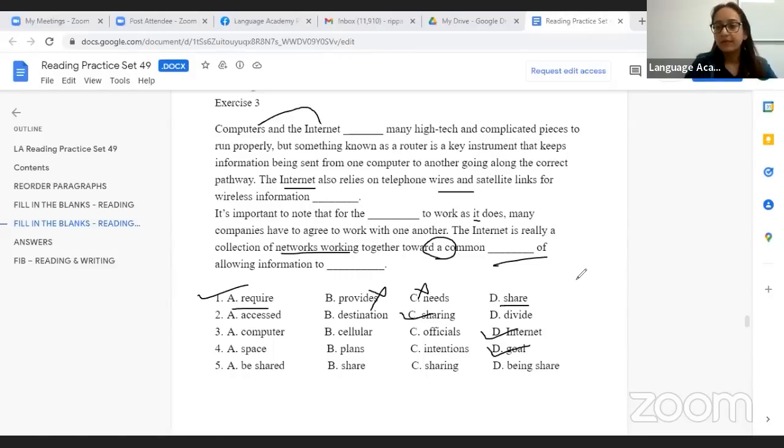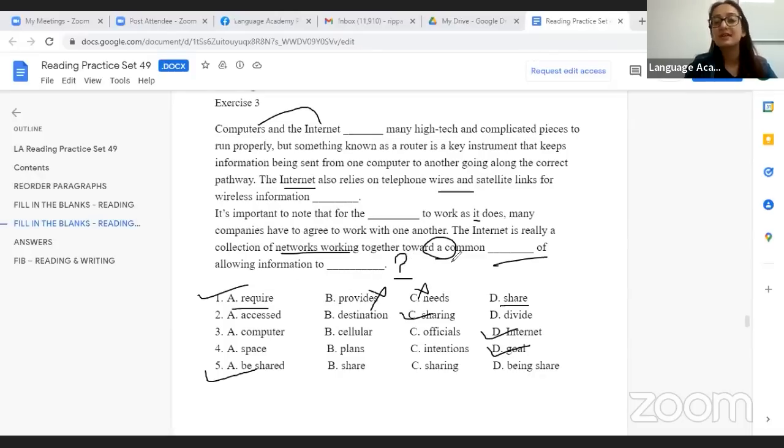So what we have got here is most of you are correct in saying the goal of allowing information to be shared. We cannot say goal of allowing information to share. It will be incomplete. If you write share, then we need share what? The goal of allowing information to share something.